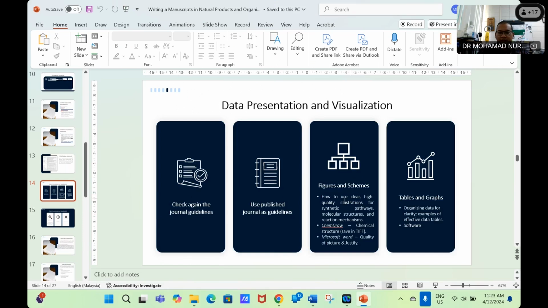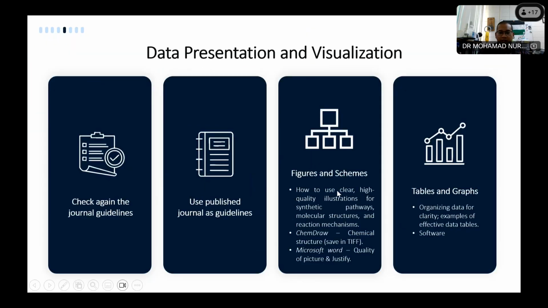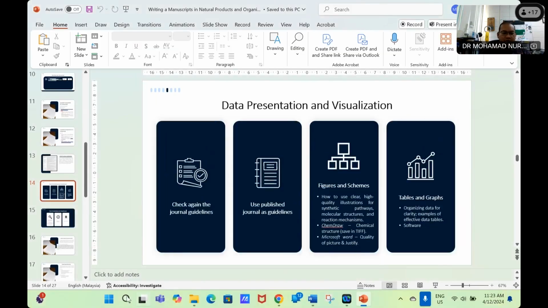Next, figures and schemes. How to use clear, high quality illustrations for the synthetic pathway, molecular structures, and reaction mechanism. Normally you are using ChemDraw, and in ChemDraw you have to save in TIFF at high resolution. Maybe I can open ChemDraw.